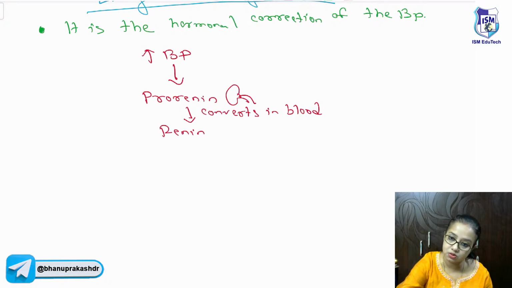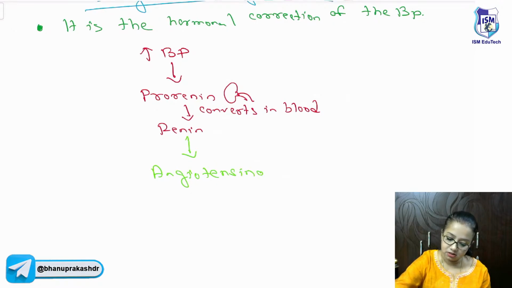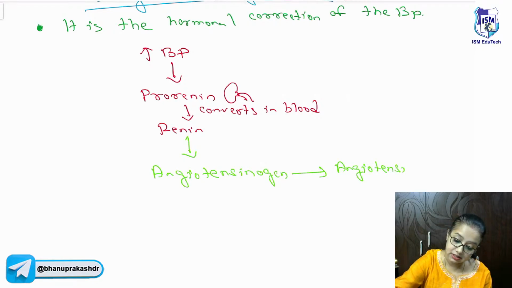It brings out the prorenin and in the blood it converts it into renin. So, when it is converted into renin, this renin will act on the angiotensinogen and it will convert it to angiotensin.